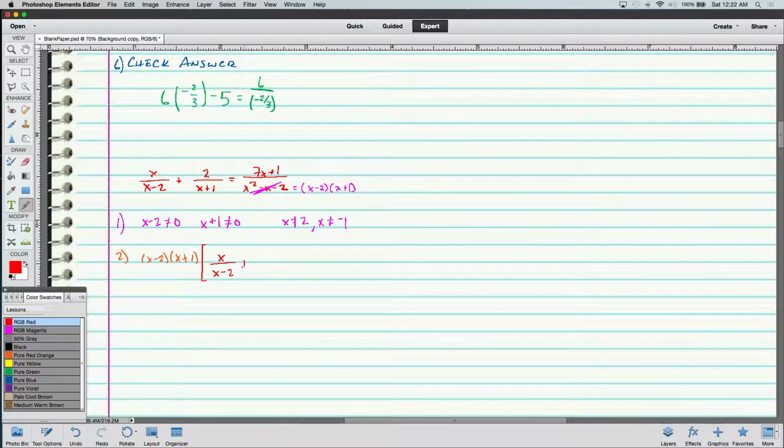And I'm just going to rewrite the whole equation right here. And remember, you have to distribute this whole entire thing to each one of these.